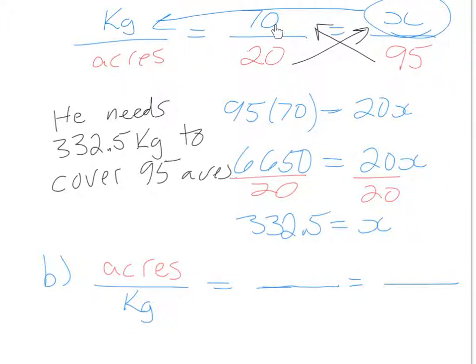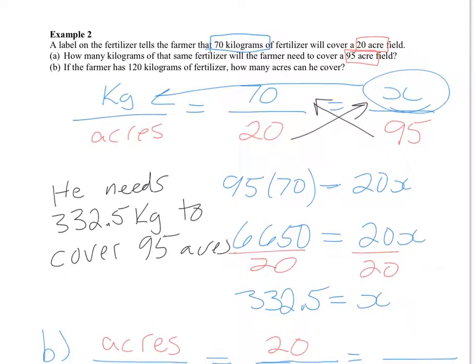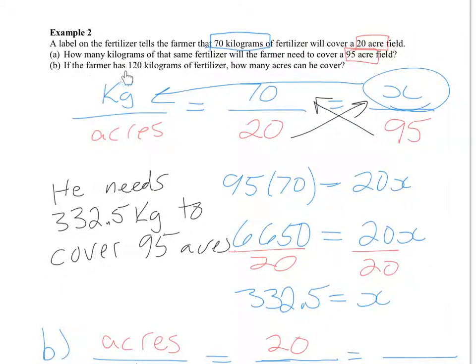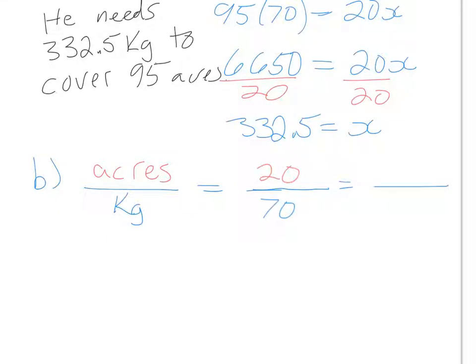So you need 70 kilograms of fertilizer to cover 20 acres. But now kilograms are on the bottom, so I put my 70 down there, and I put my 20 acres up here. Now the question was asking if the farmer has 120 kilograms of fertilizer. Wherever the kilograms are, that's where we put our 120, so on the bottom, and it's asking how many acres that can cover, so we put our X on top.